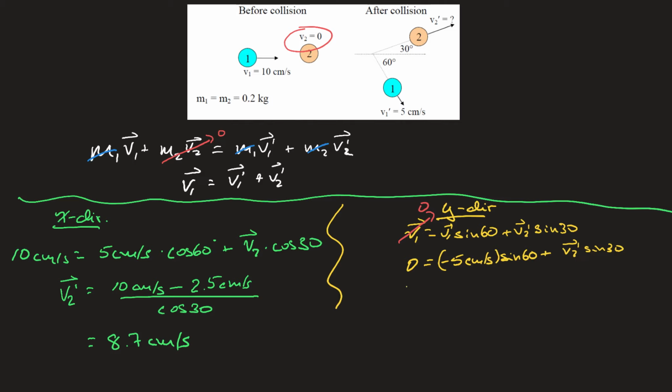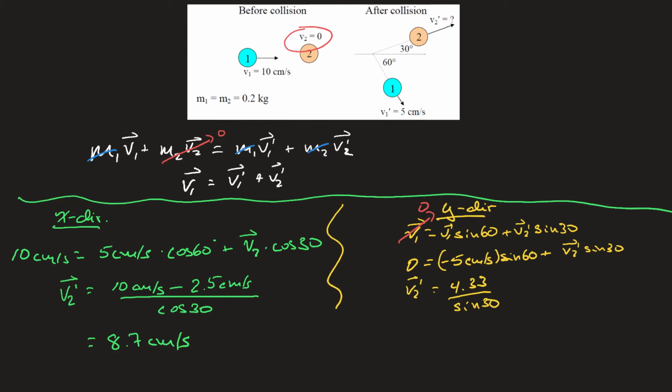By rearranging and solving, we're going to be left with v2 prime is equal to, so negative 5 times sine 60 is going to be negative 4.33, but of course we're going to move that over to the other side of the equal sign. So we're left with 4.33 divided by sine of 30.